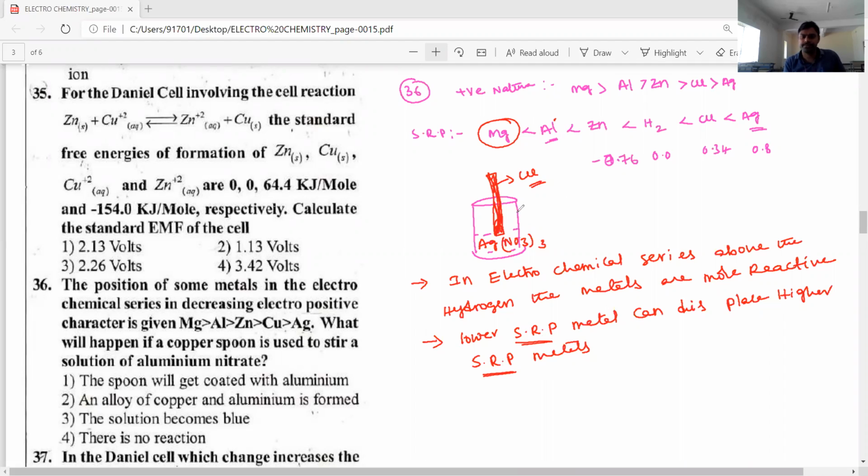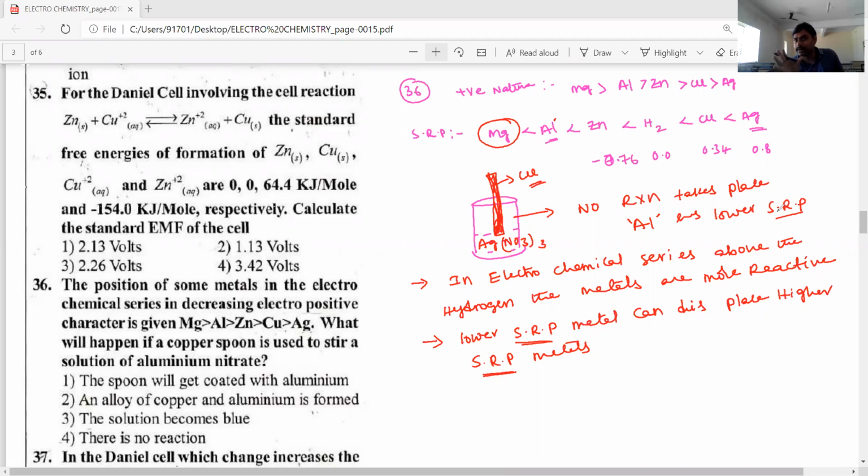So if a copper spoon or copper rod is stirred in silver nitrate solution, what will happen? No reaction takes place, because aluminum has a lower SRP value, or copper has more SRP value.